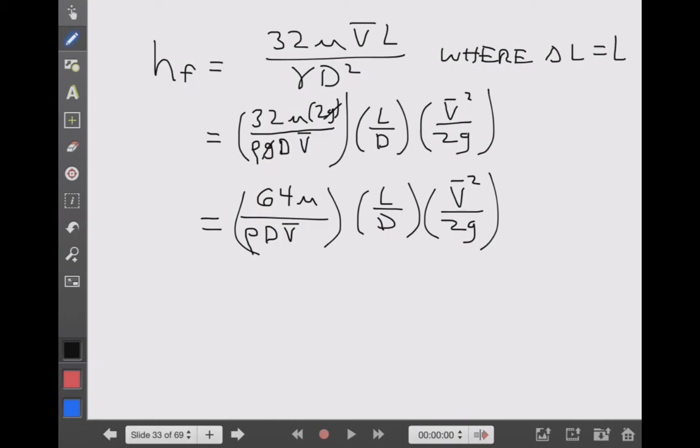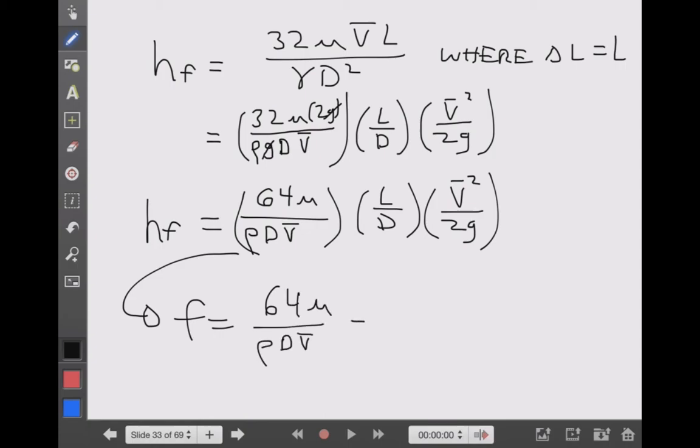So what we can see now, this is the head loss. We can see that f, the friction factor, is equal to 64 mu over rho D V bar, but rho D V over mu is just the Reynolds number, so this is just 64 over the Reynolds number, using the diameter of the pipe as the dimension and the average velocity of the pipe as the velocity.